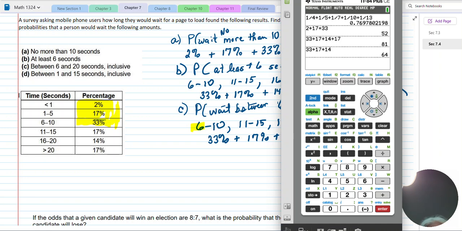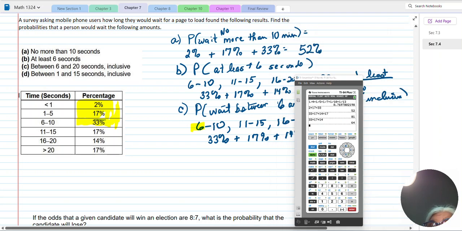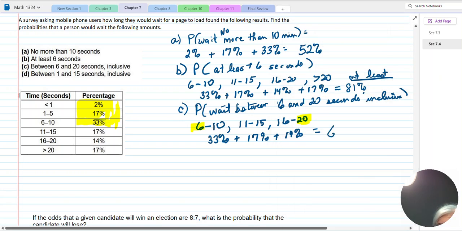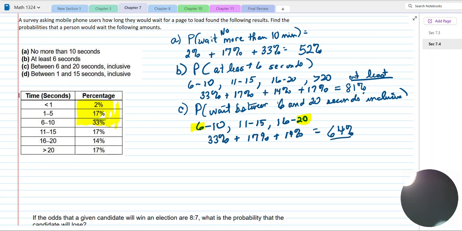We would get 60, it looks like 64, 33, 17, and 14. Yes, 64. Of those surveyed would be willing to wait between those values.